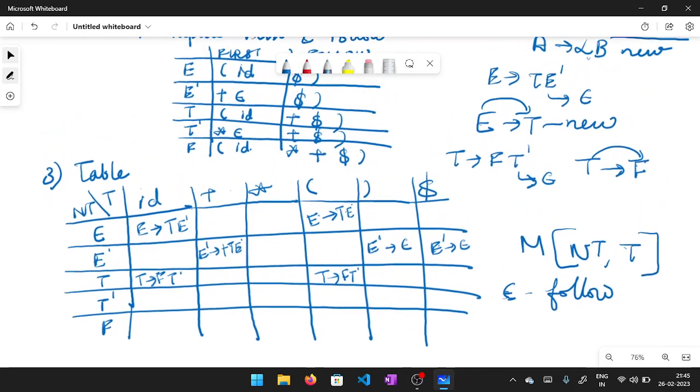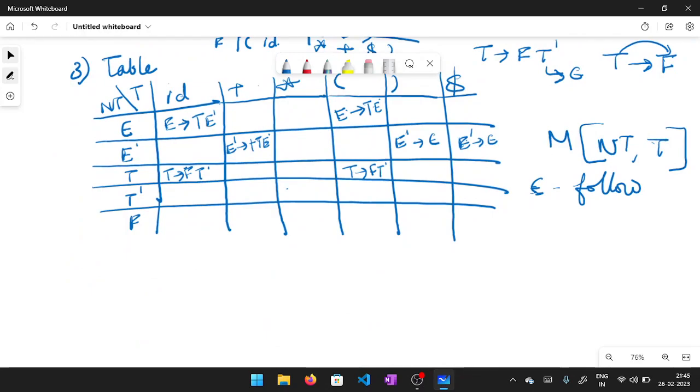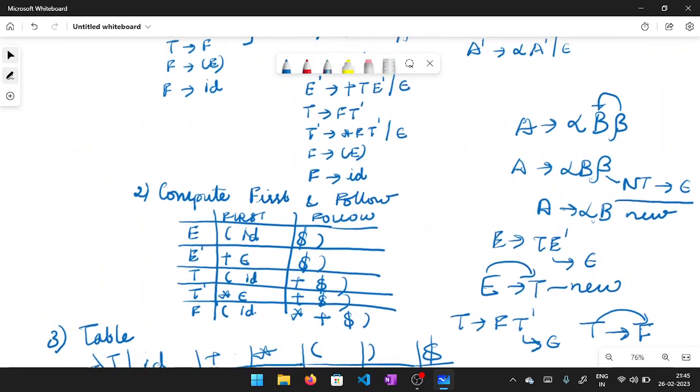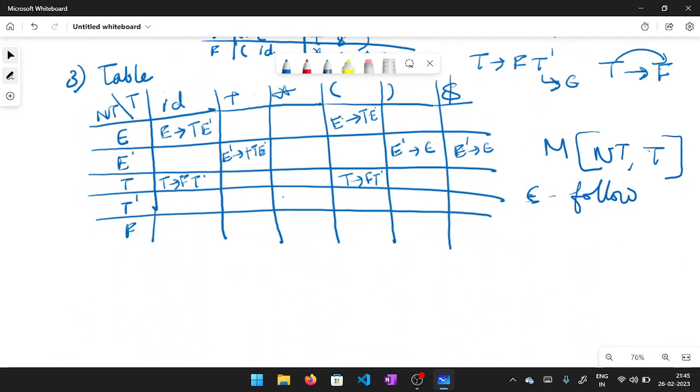Then why did you get star in T dash? Because you have T dash tends to star F T dash. So because of this production, for T dash under star, I will write T dash tends to star F T dash.